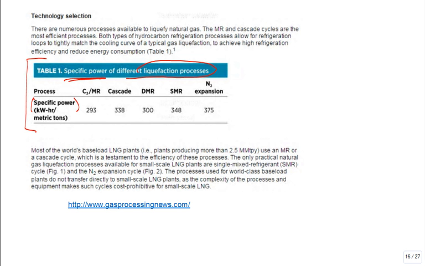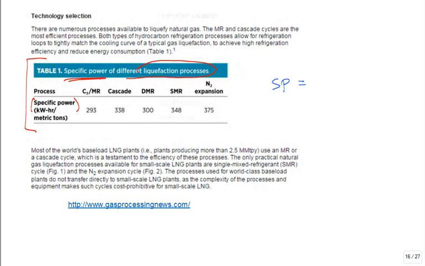Let's see if we can understand that first. Specific power. Look at the units. Kilowatt hour, that's amount of energy, per metric ton. Well, metric ton is amount of mass, true? So you tell me what you think this specific power is.